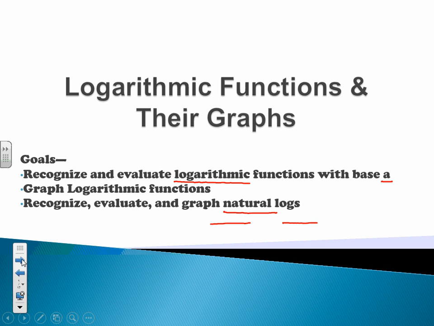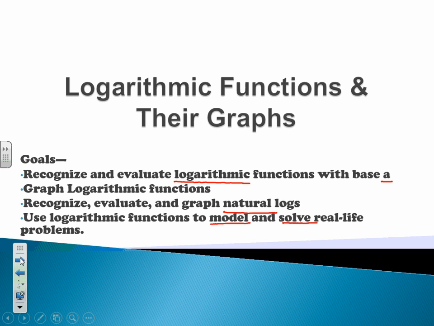You're going to learn how to recognize, evaluate, and graph natural logs. Natural logs are very similar to log functions. They're like partners. And you're going to learn how to use log functions to model and solve real-life problems. There are a lot of real-world applications for log functions, which I hope to explore with you later in the week.